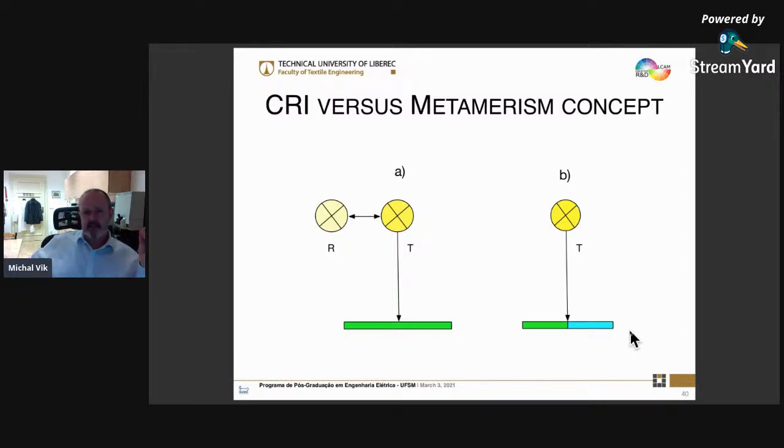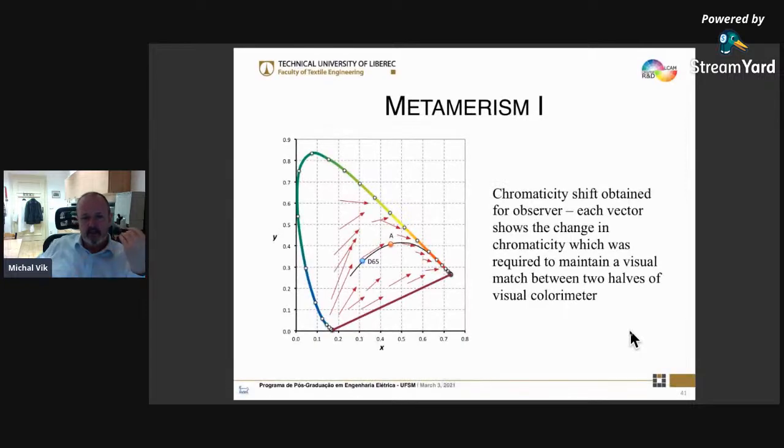What is metamerism? Metamerism is a special property where two samples under specific viewing conditions, including light source, observer, and other conditions, will appear similar or the same, and with a change of these conditions will appear different. For better understanding, you will see here what we mean.